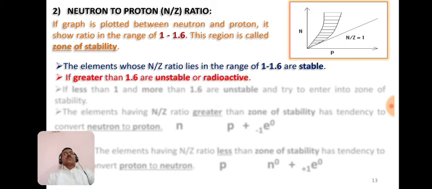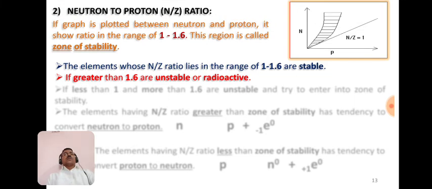If the n by z ratio is greater than 1.6, then such nuclei are unstable or radioactive, and they undergo disintegration, meaning they emit alpha, beta or gamma radiations to attain stability.